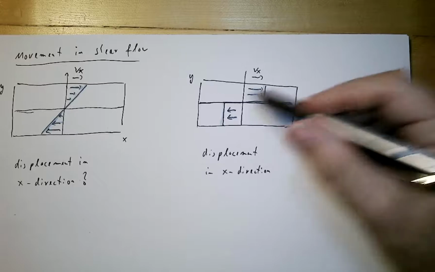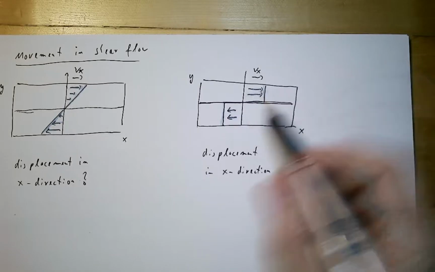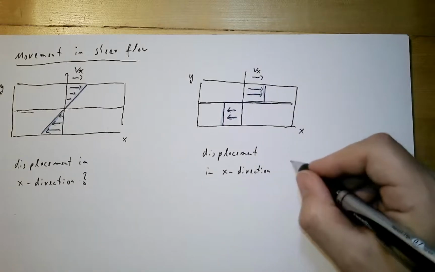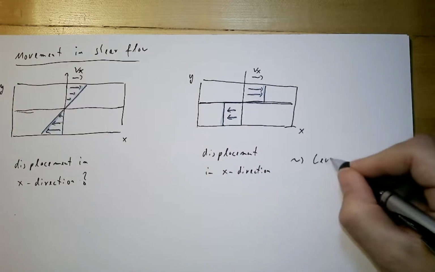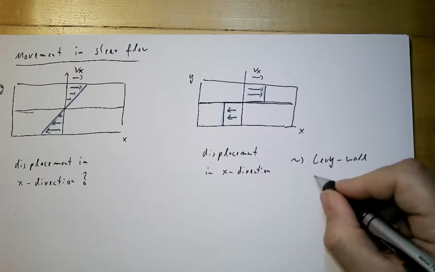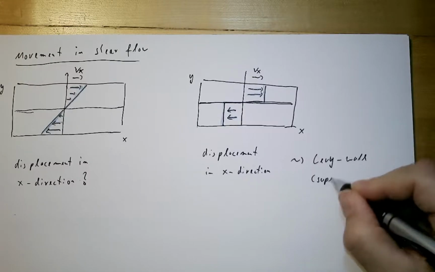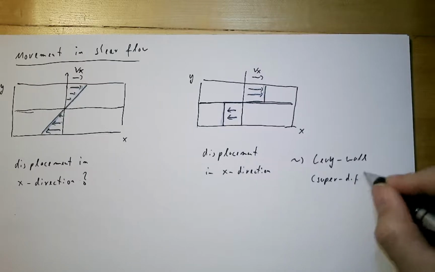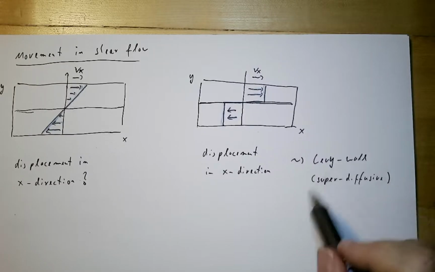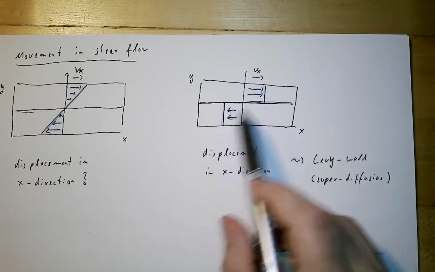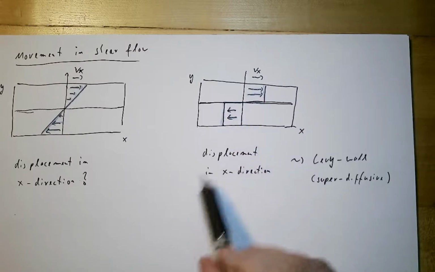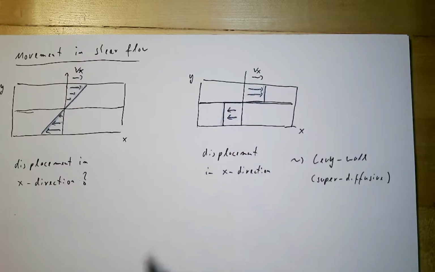When you combine this, in x direction you will find a Levy walk, which is also super diffusive. If you want to see this, just make the simulations on the computer. Again, very easy, and check the displacement in x direction.